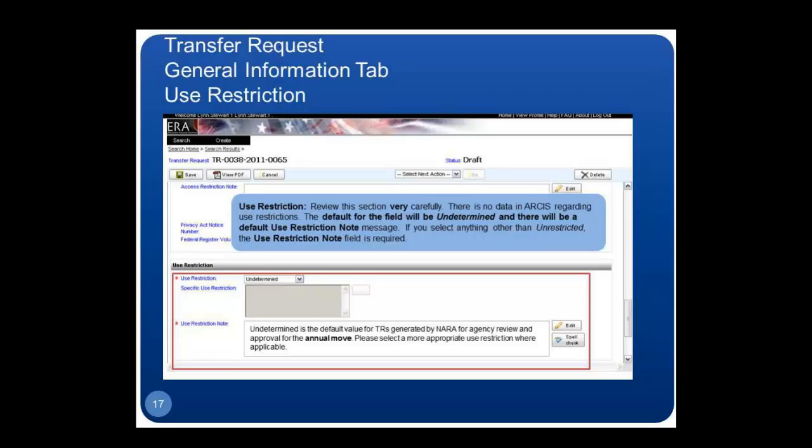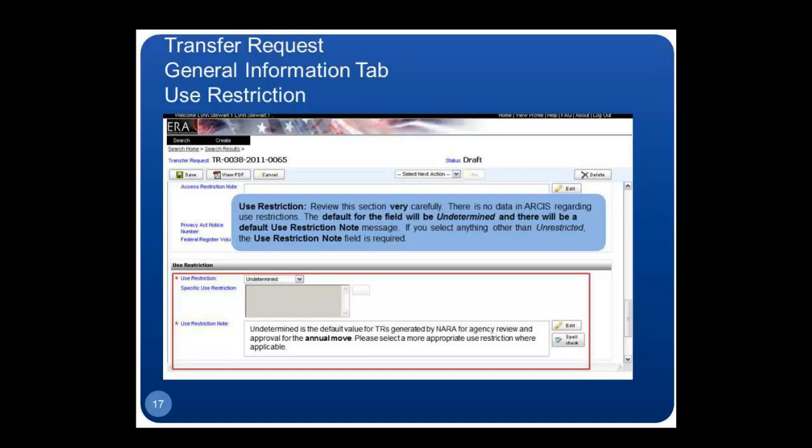Use restriction refers to things like copyright restrictions, donor restrictions, less applicable in the case of annual move records but sometimes it does come up. There may be trademark material, and there may be other restrictions on how the records may be reproduced by researchers. Not accessed by researchers, but reproduced.